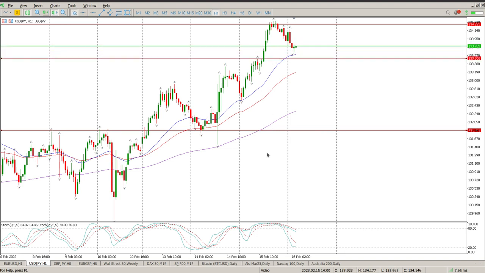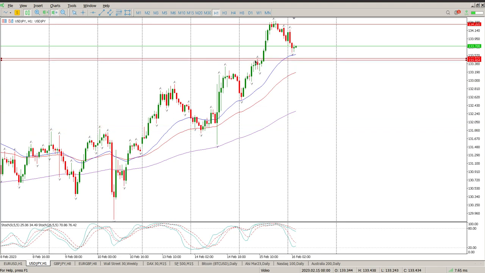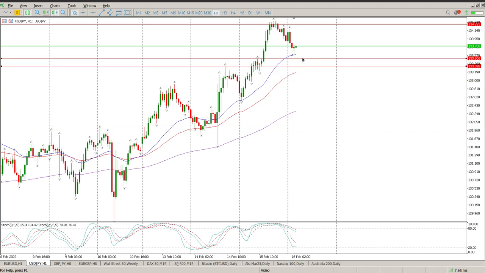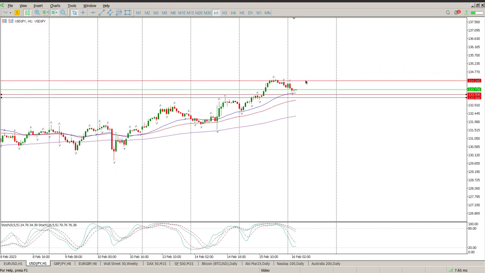Sorry, just getting these levels. So that's the zone I'm looking at there: 133.506 and 133.328. I'm looking for price to come back in here and find support. It should form a flag and a continuation to the upside.